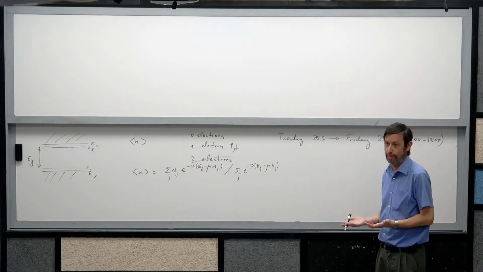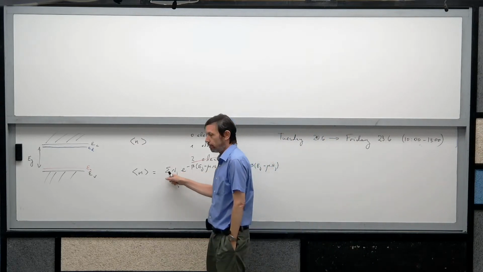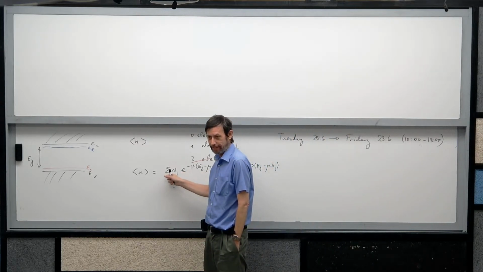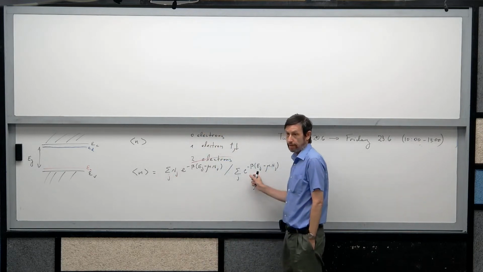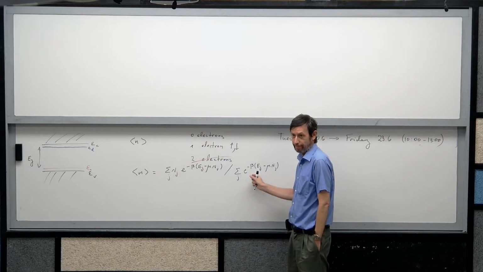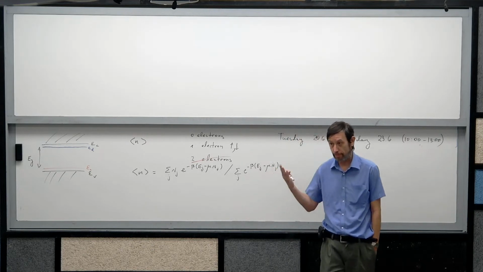We have only three states. Ask how many electrons exist in each state, and divide by the normalization. Those of you who remember something about statistical mechanics, this is just probability.